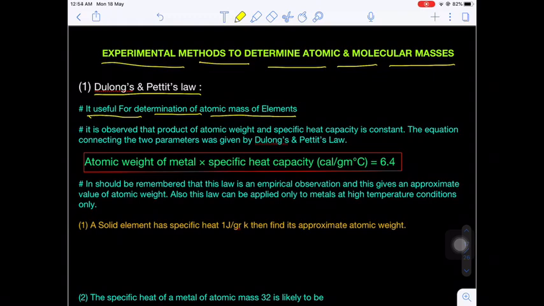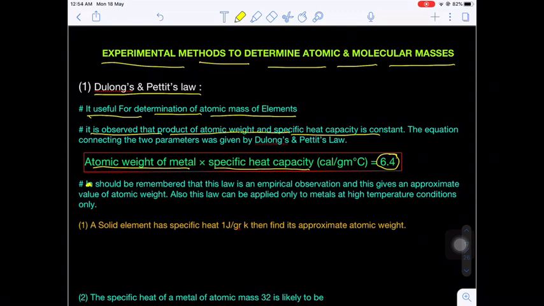Now, next point, it is observed that the product of the atomic weight and specific heat capacity is constant. Atomic weight of element multiplied by specific heat capacity. The constant value, the product of these two values, is equal to how much? 6.4.